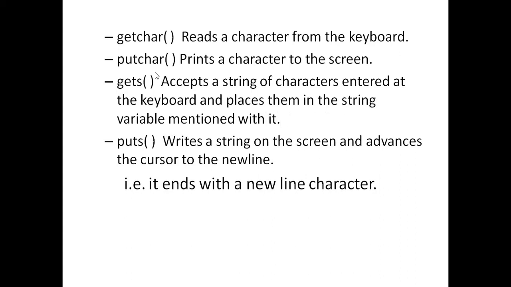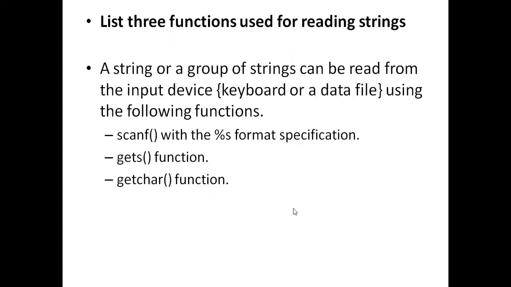A string is a collection of characters entered through the keyboard, and putS will write or print a string on the output screen. Always, puts ends with a new line character.